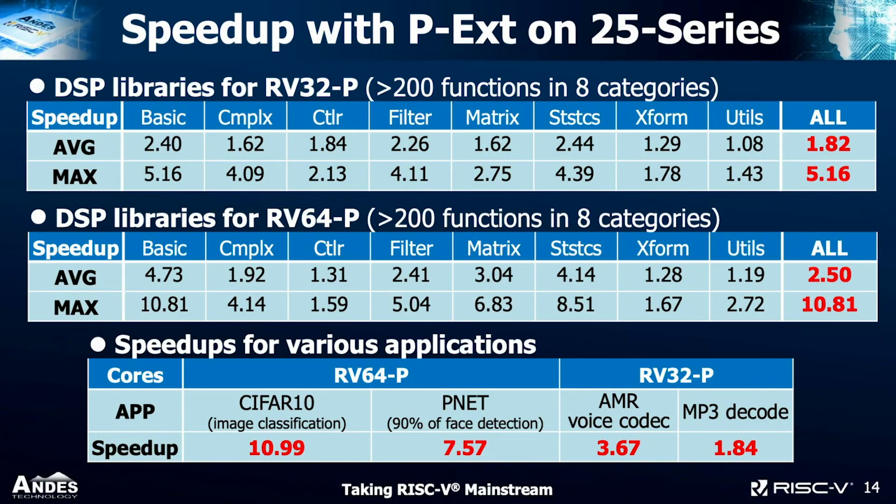And if you average all of them, assuming each category has the same percentage, we can say that the RV32P extension can, on average, provide 2x speedup, and the maximum goes to over 5. And for RV64P, you get over 2.5x speedup on average. The maximum is over 10.